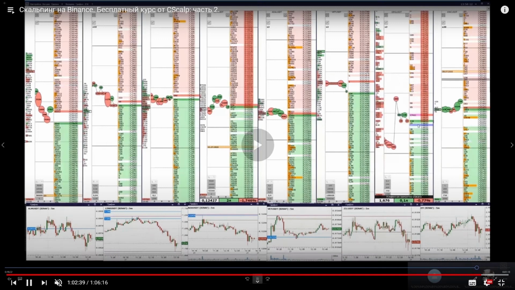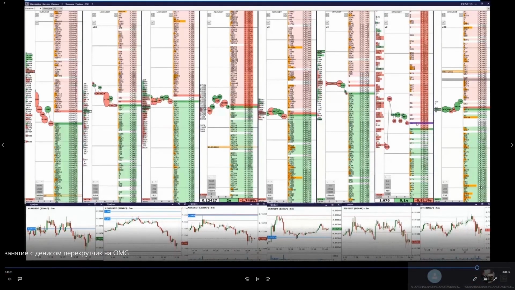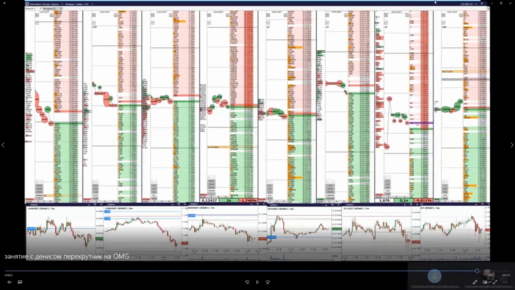So, as we can see here, on the price 1.6638, we have a density located exactly on this price, and then it was replaced on the selling order.